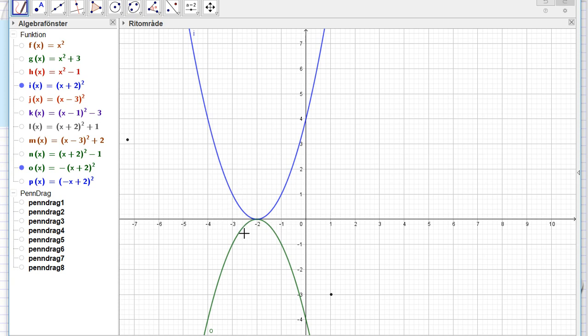So the x-axis is your mirror, if you can think of it like that. Now let's see what happens if I put the negative in the x value. Then it reflects to the y-axis. So the y-axis is your mirror this time.